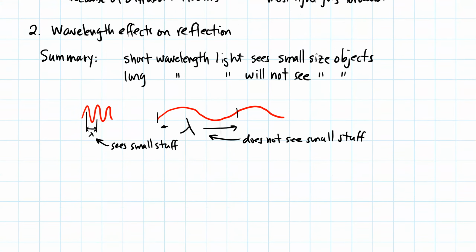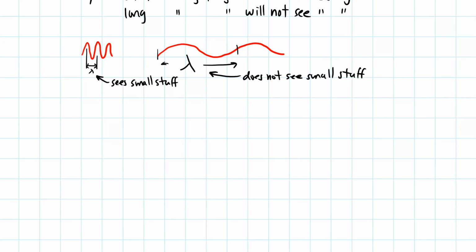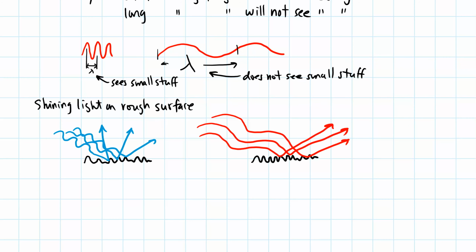So when light is shined onto a rough surface versus a smooth surface, what do I actually see here? So shining light on rough surface, so the small wavelengths they see details, so you get diffused reflection.